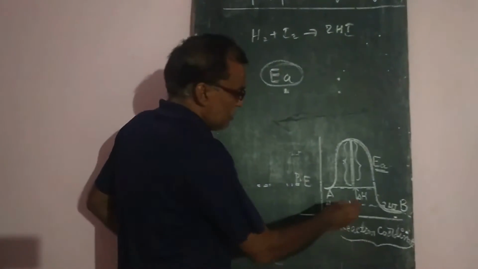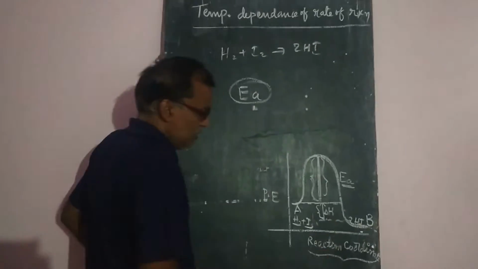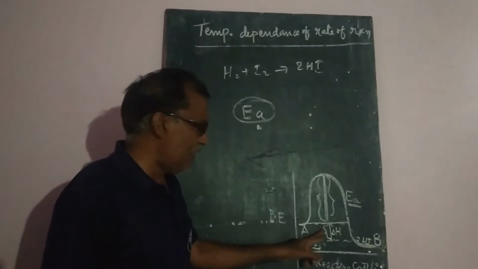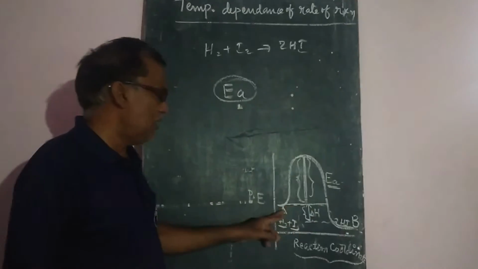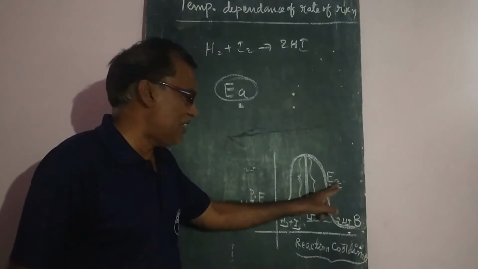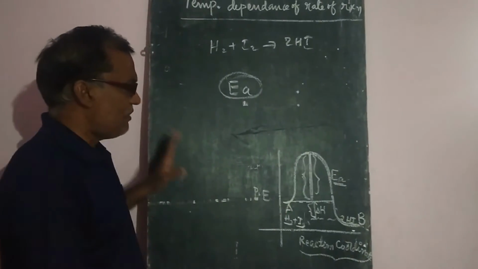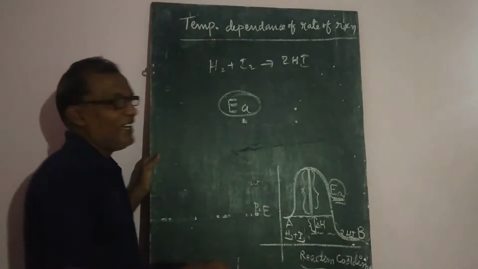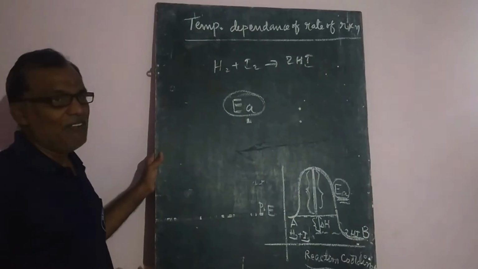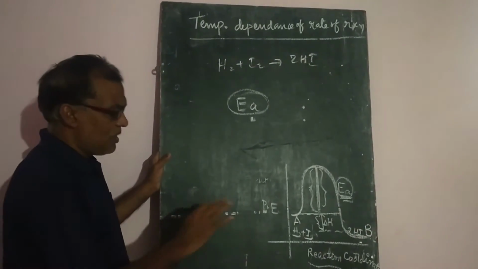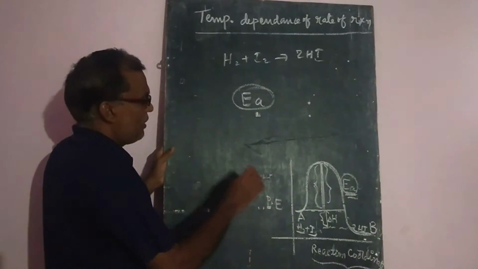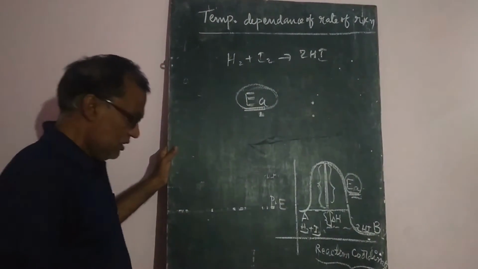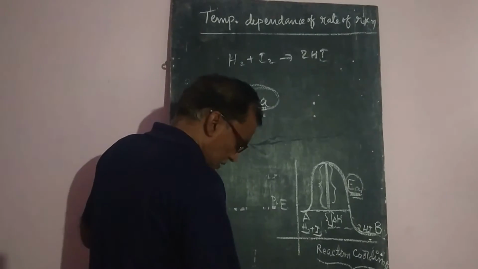The enthalpy change delta H actually decreases, but the activation energy of the final product is more. This activation energy makes the molecules gain energy, and they collide with each other and form the products. From this graph we can calculate the activation energy. So this is the most important.